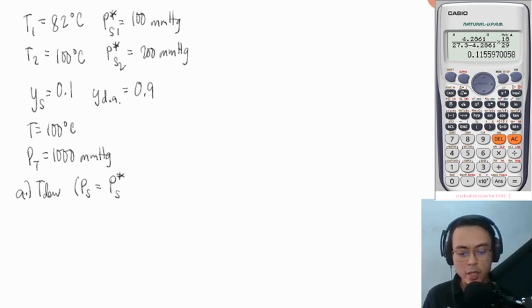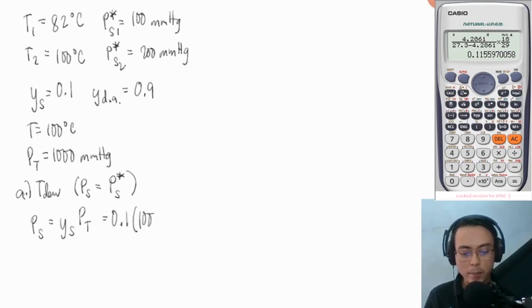So what is the partial pressure of styrene? It's simply the mole fraction of styrene multiplied by the total pressure. So that is 0.1 times 1000 mmHg. The partial pressure of styrene is 100 mmHg.